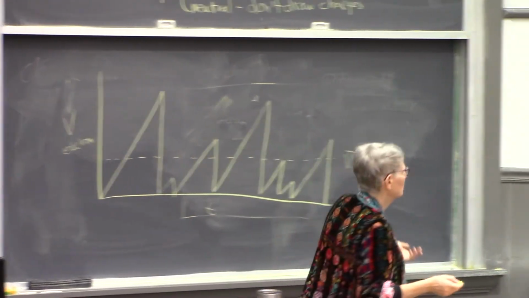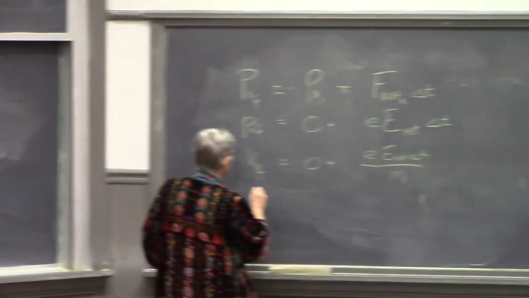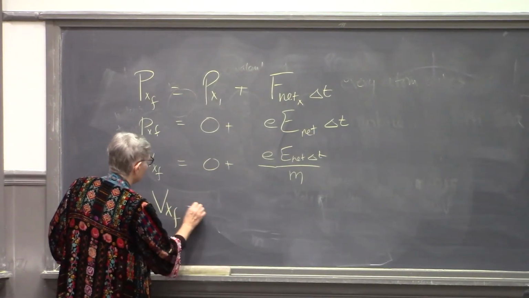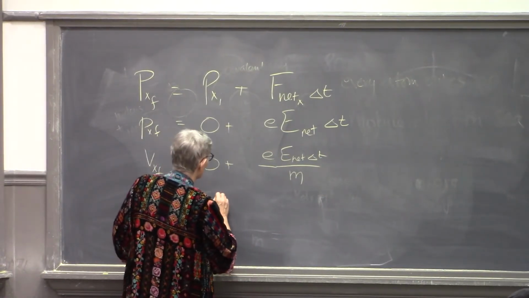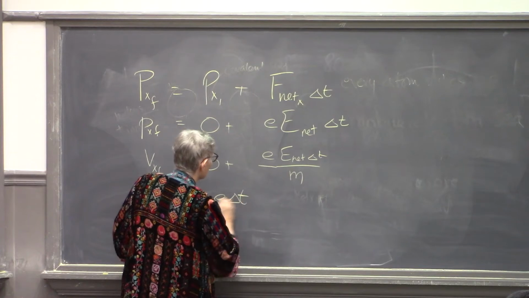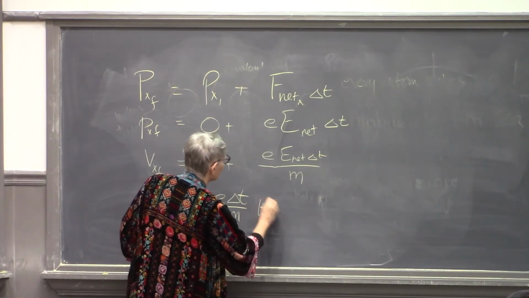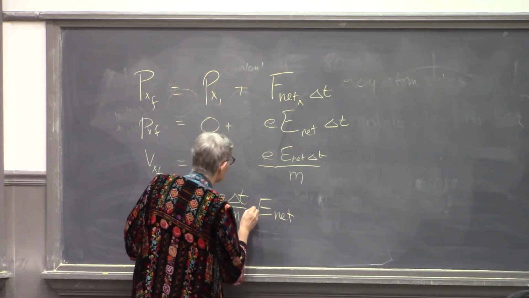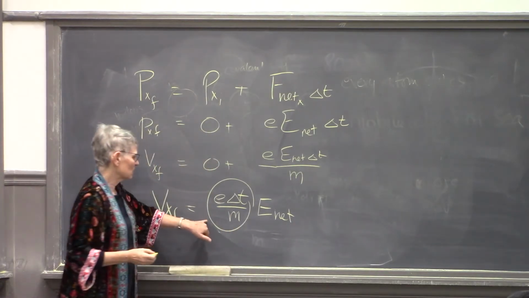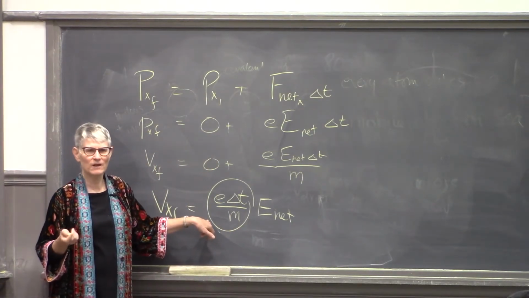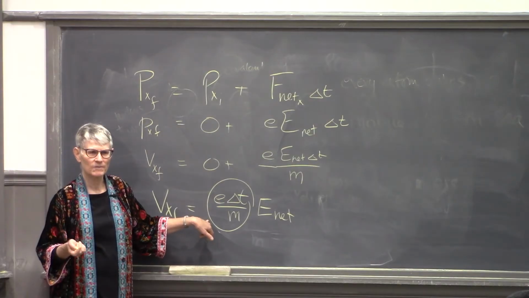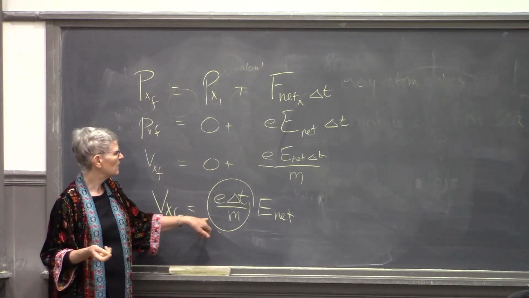And we can rearrange this, so we say vx final is e delta t over m times E net, and it sure looks like that is related to the mobility of the electron.